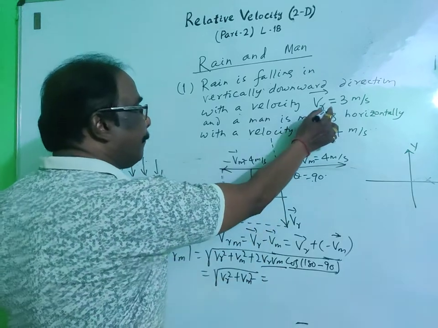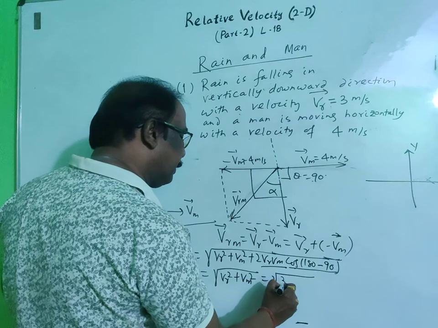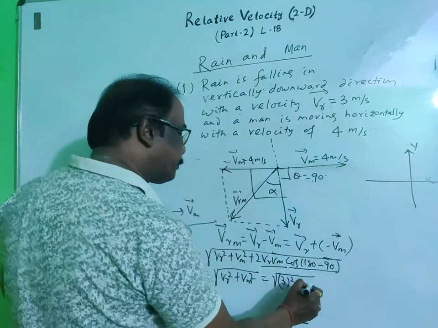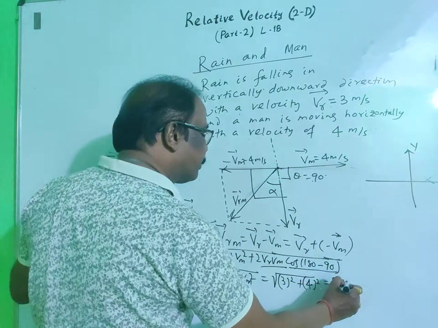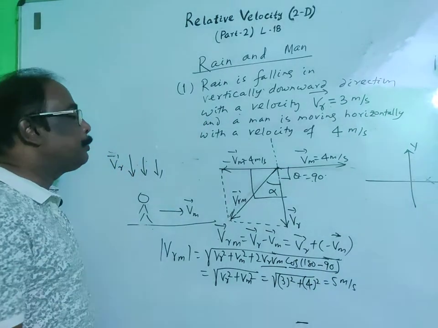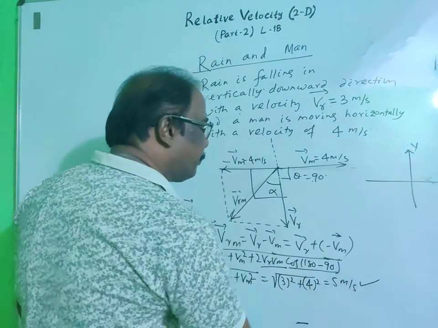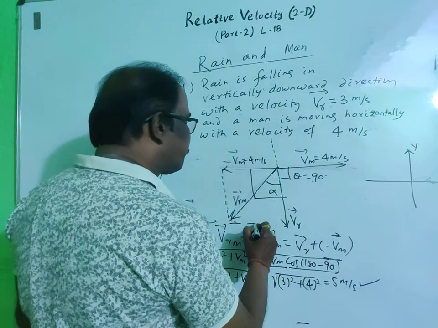The magnitude of the velocity of rain is 3 meter per second, 3 square, the magnitude of the velocity of man is 4 meter per second, 4 square, and this is 5 meter per second. So the magnitude of relative velocity is 5 meter per second, and this angle is alpha.